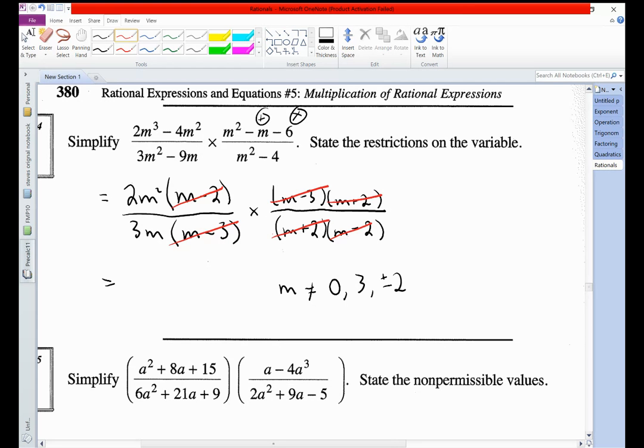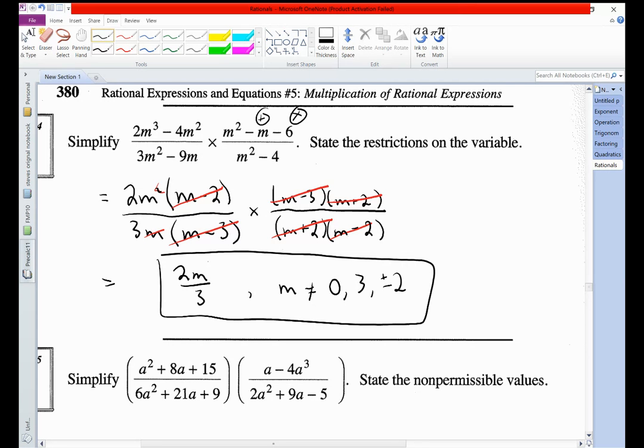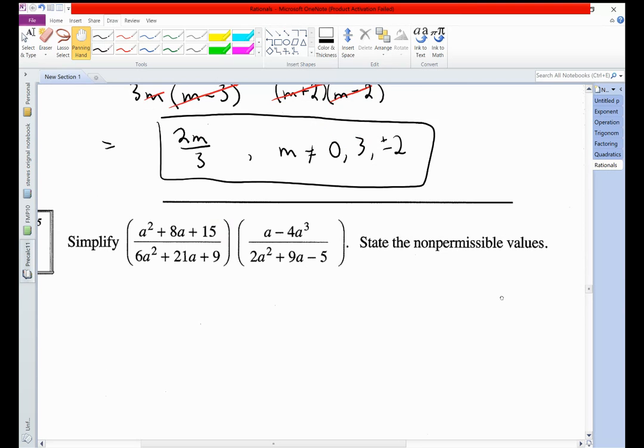We have an m plus 2 and an m plus 2. We have an m here, so I can cancel that out. And I think that's it. So now we can say that's equal to 2m over 3, where m can't equal 0, 3, plus or minus 2. Not so bad.